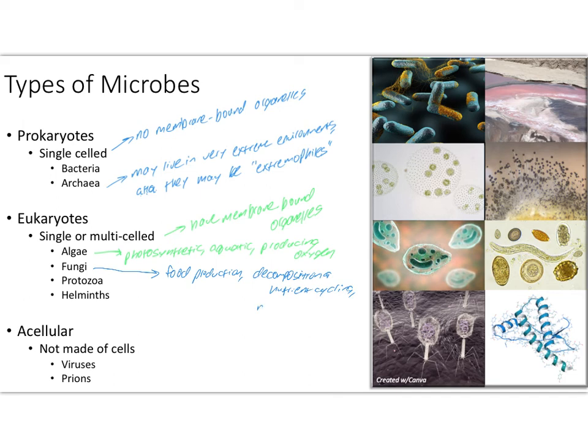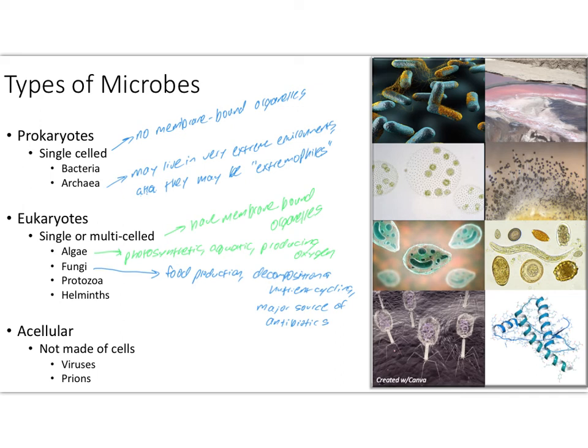And they're also a major source of antibiotics. So I'm just giving the highlights of each of these right now. We're going to go into a lot of detail about them in a future lecture. But fungi, like I said, they're really involved in food production, involved in decomposition and nutrient cycling, major source of antibiotics. You're looking at some of them right here.